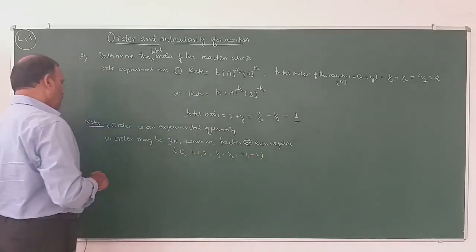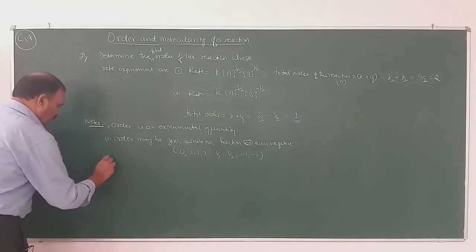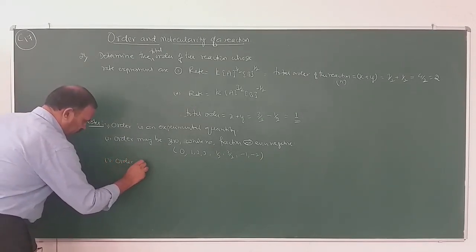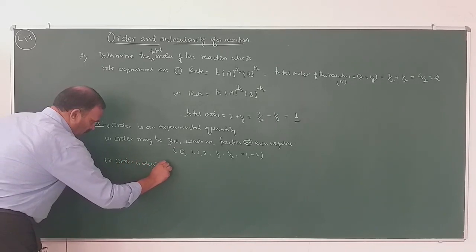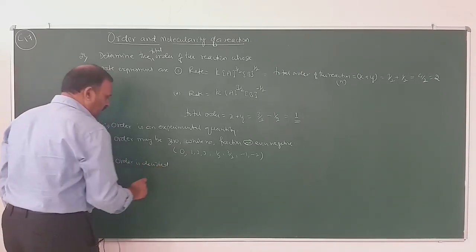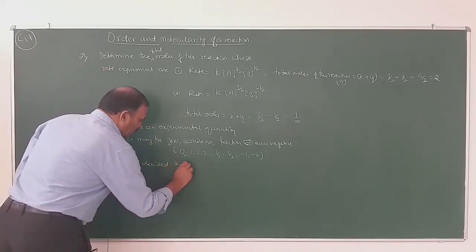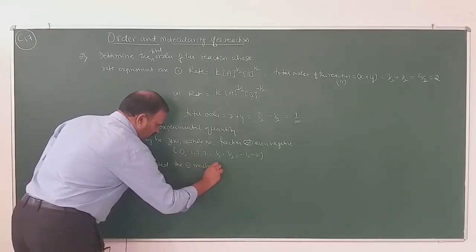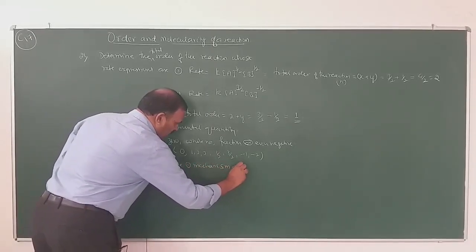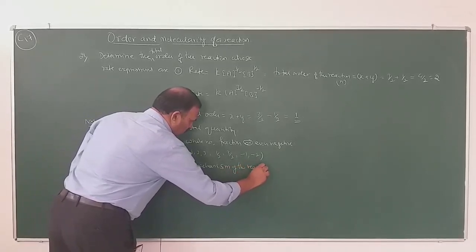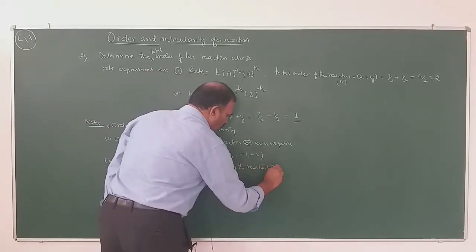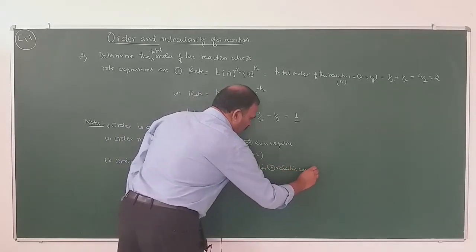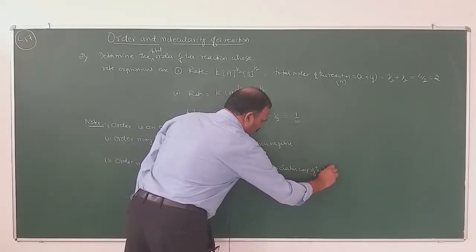So this is the meaning of order of reaction. Number 3, order is decided by number 1, the mechanism of the reaction, and number 2, relative concentration of the reactants.